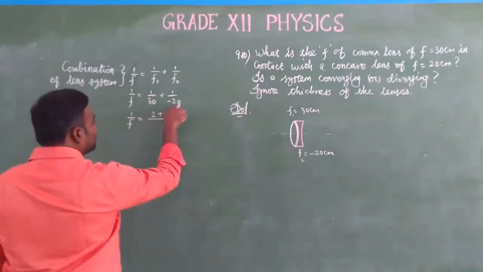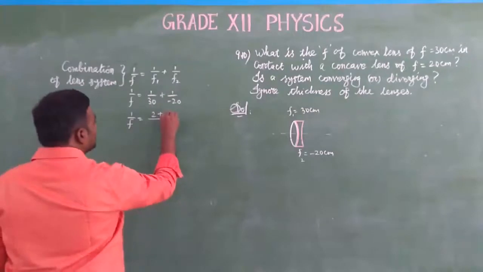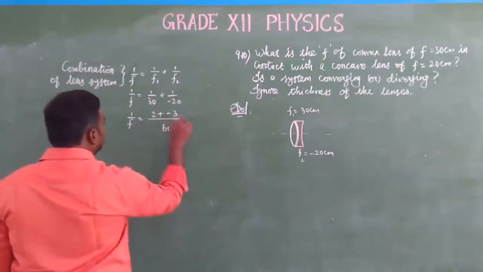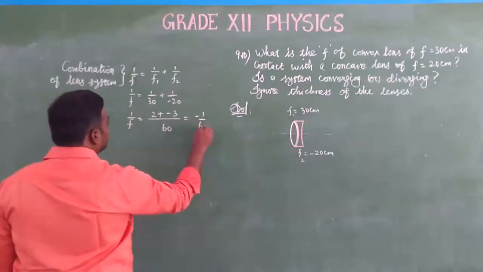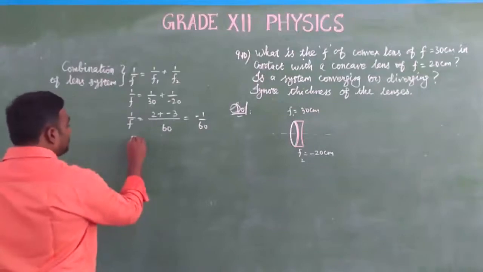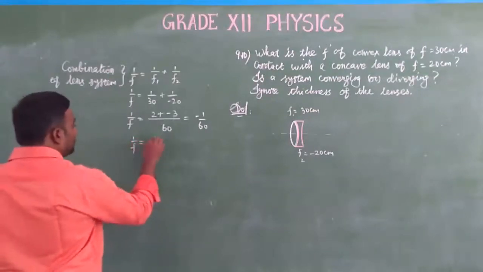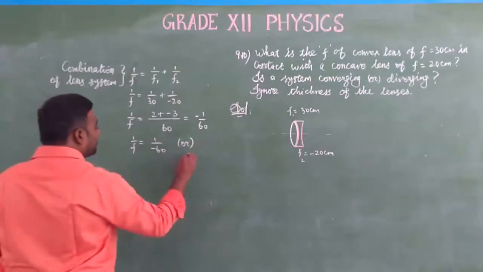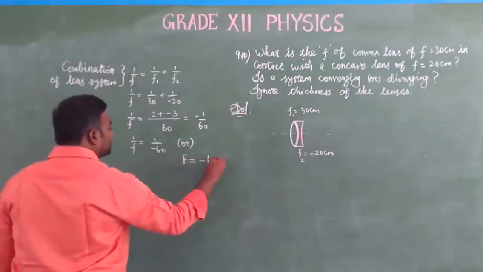To get 60 in the first term we multiply by 2, and in the second term we multiply by 3, so there is minus 3. So 2 plus minus 3 is equal to minus 1 over 60. Therefore 1 by f is equal to minus 1 by 60, or f is equal to minus 60 centimeter.